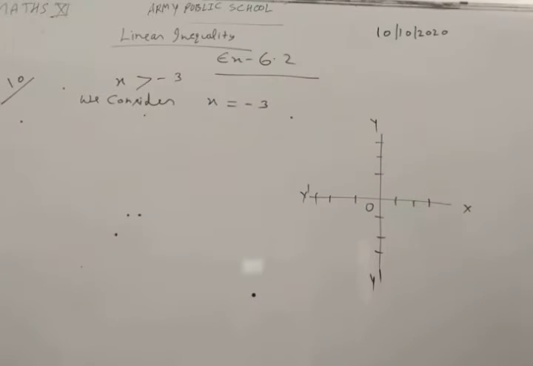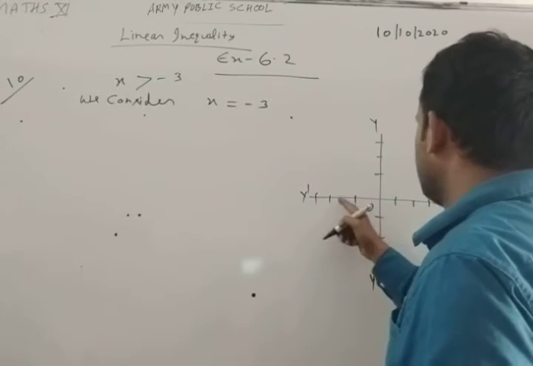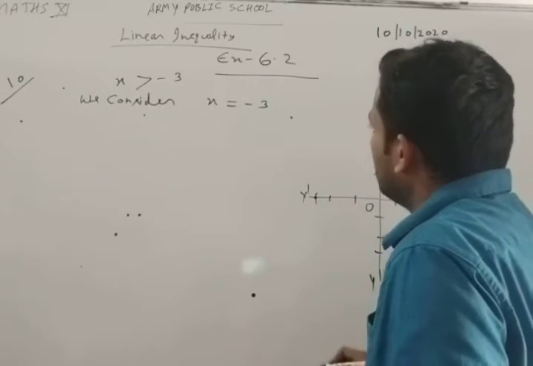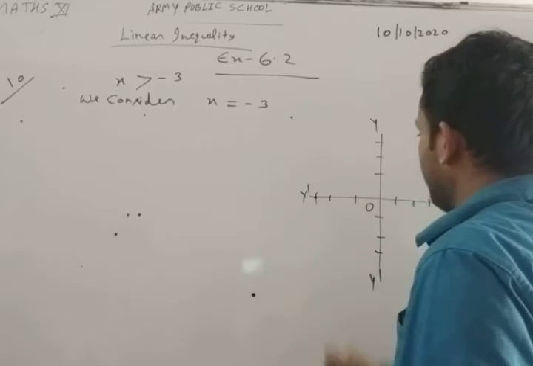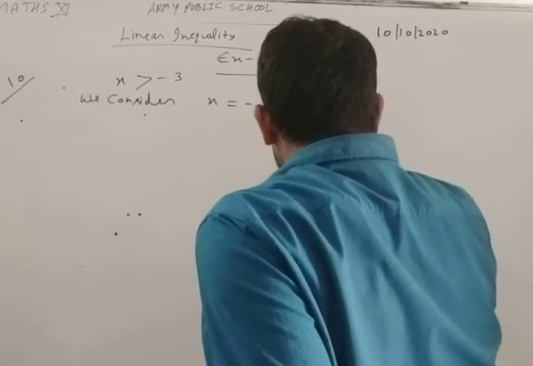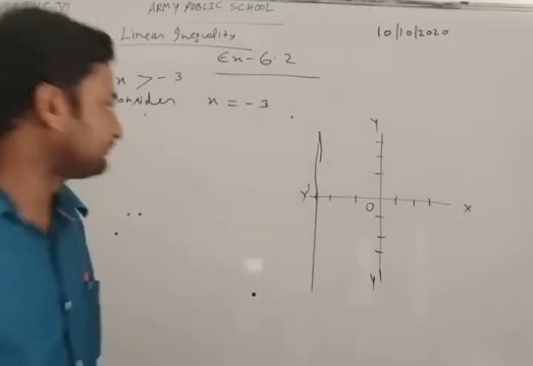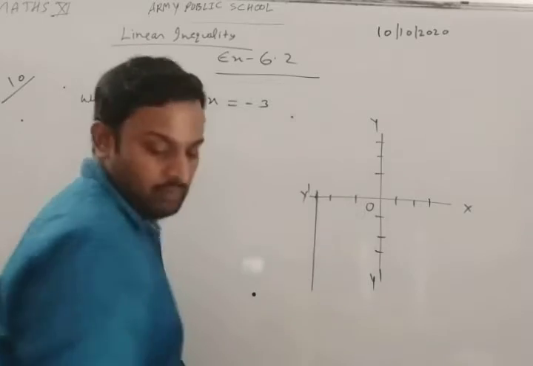So x is equal to minus 3 is on this side, and this will be parallel to the y-axis. So our graph will be a straight line parallel to the y-axis.